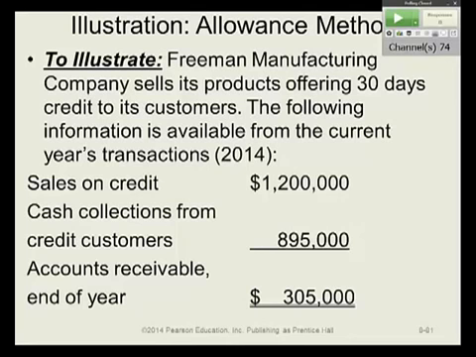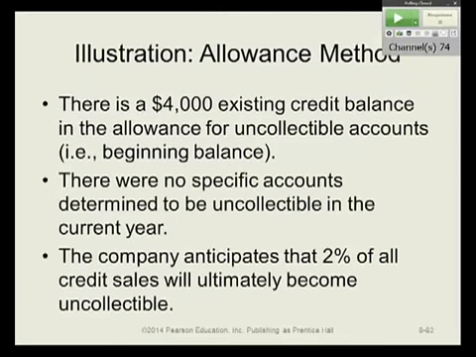And they tell us that in the allowance account there is an existing, and I'll bring this up on the screen for you, there's an existing credit balance. So let's assume there's a beginning balance in there of $4,000. That's an existing credit balance.